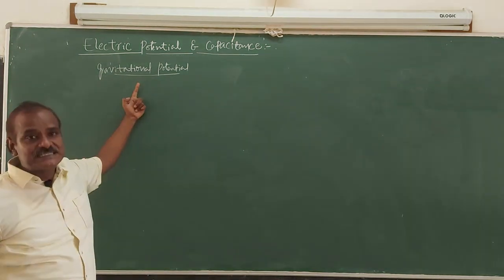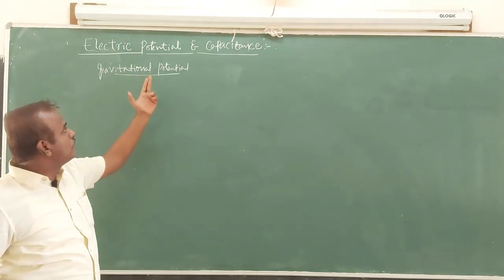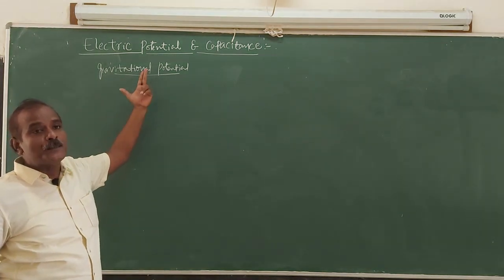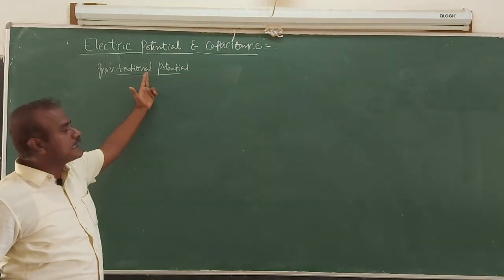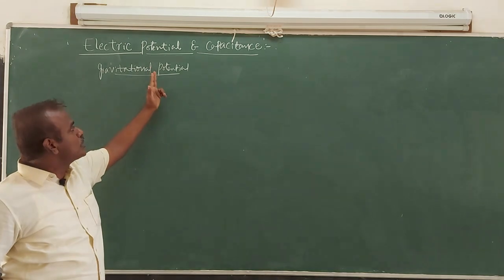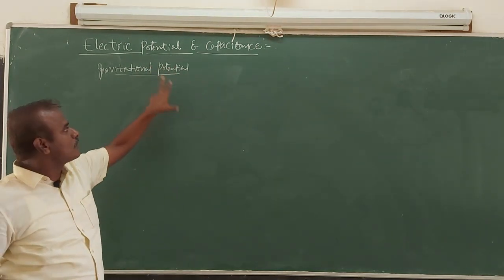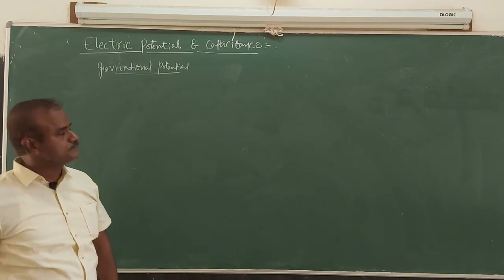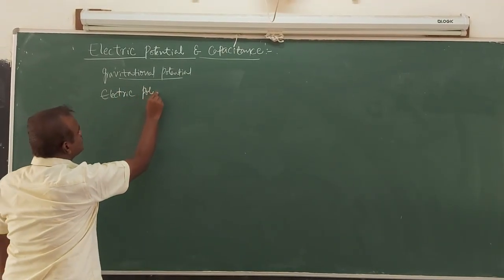Gravitational potential we measure in a gravitational field, and we know that it is the work done per unit mass of a body. So potential energy by mass is the formula for gravitational potential. Now we come across the term electric potential.